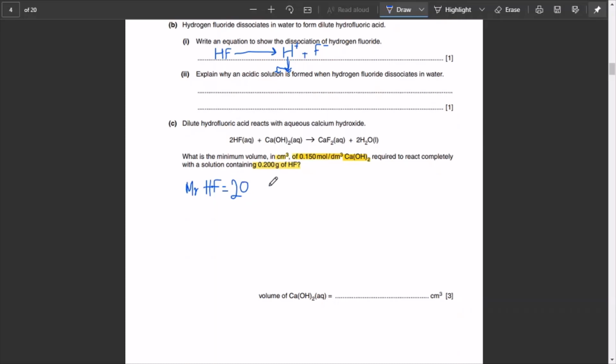Now what we have to do is find the moles of it. Moles is equal to mass upon Mr, that is 0.2 gram upon 20, which gives an answer of 0.01. So we have the moles of HF, 0.01.